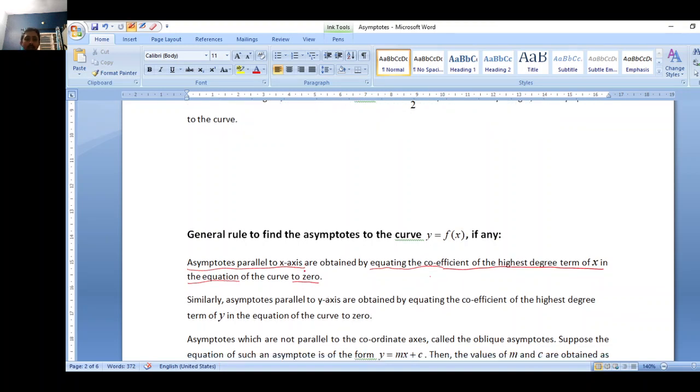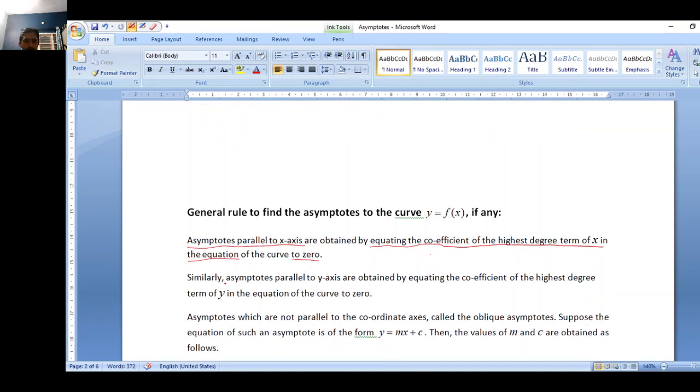Right? Likewise, if we have to find the asymptotes parallel to the y-axis, we just have to equate the coefficient of the highest degree term of y in the equation to 0.